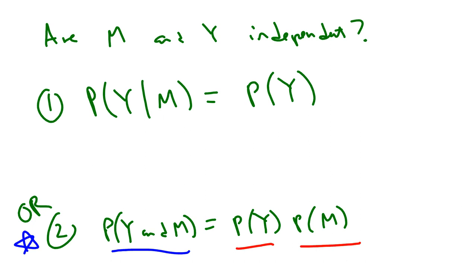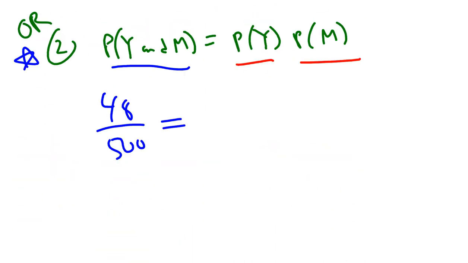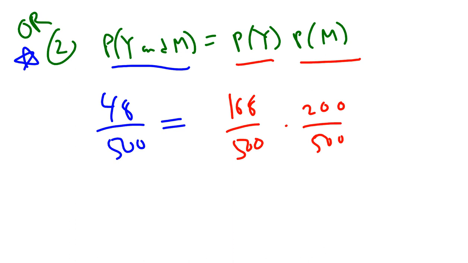So let's go put those numbers in. This first number is 168 out of 500, because that's how many voters in this township were in Party Y. And then there were 200 males out of 500. Our goal now is to find out, are these things equal? So let's do a little bit of calculation.